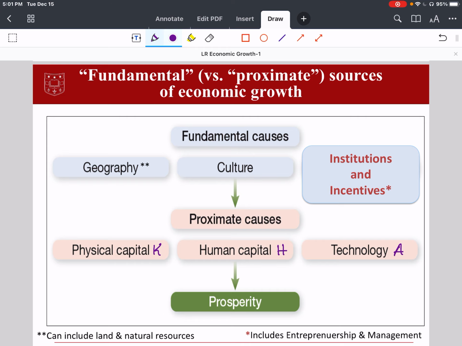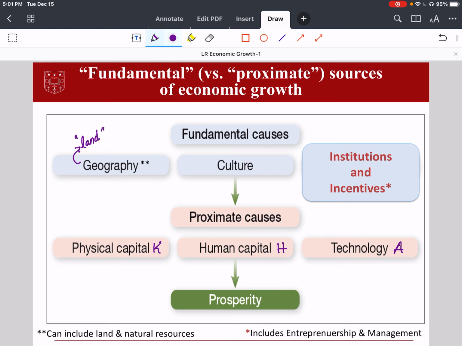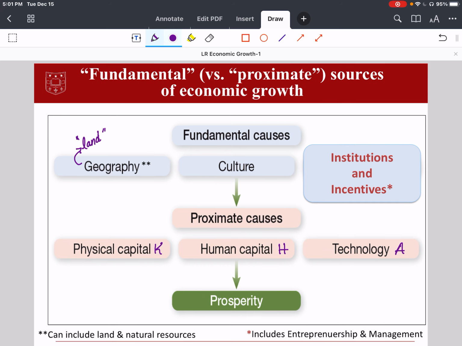So geography, this can include land. When we think about our factors of production, we often say, oh, the factors of production are land, labor, capital, and entrepreneurship. We can lump land in here because that's something that we think of as being fundamental to the physical location of the country. In here as well, we might consider climate and obviously the natural resources.